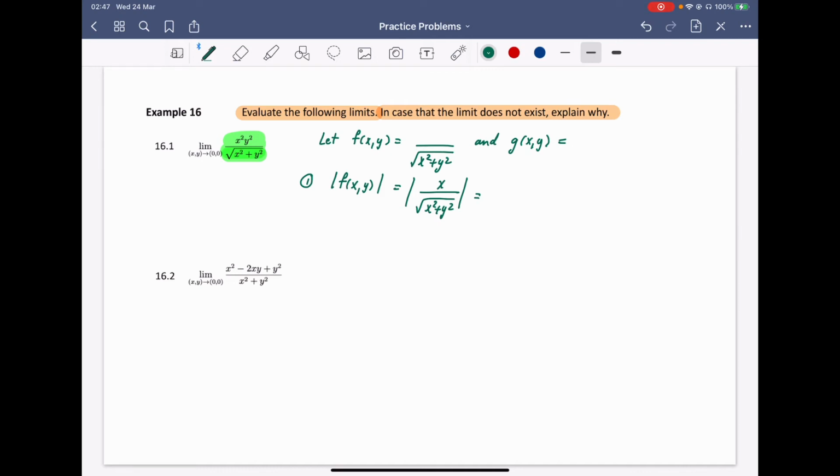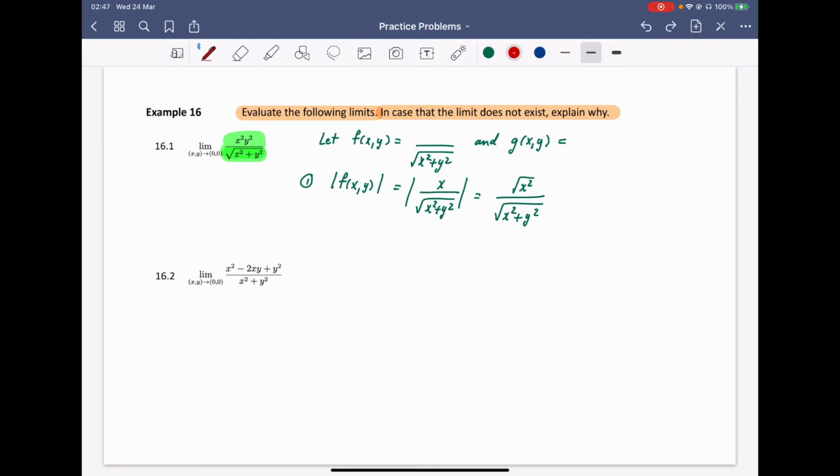So if I try x here, I can say that the absolute x on the numerator is the square root of x squared, which is pretty good. Because if you pick just x here, together with the absolute value, you get absolute x, which is the square root of x squared.